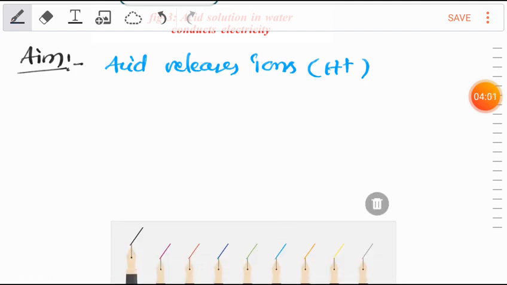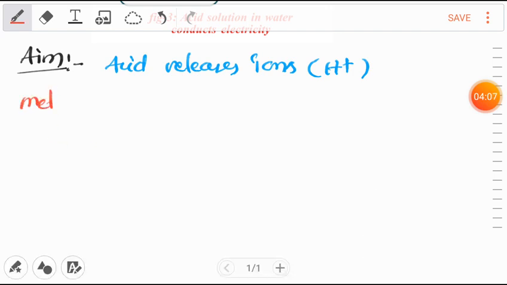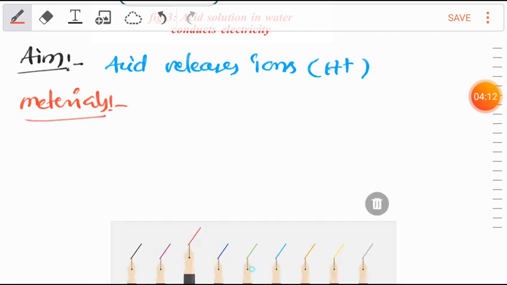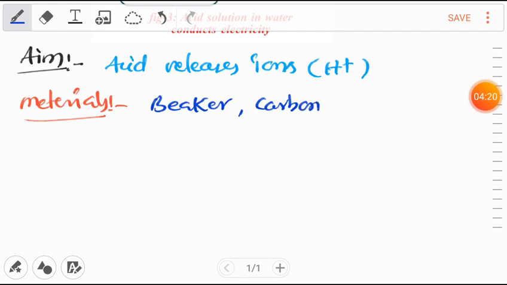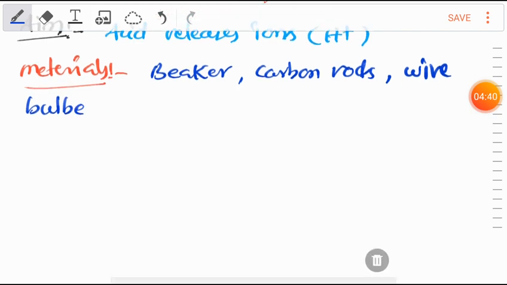Apparatus, what we are going to take, are the materials: beaker, carbon rods, wire, bulb. Sometimes they ask for the materials also. So these are the materials.